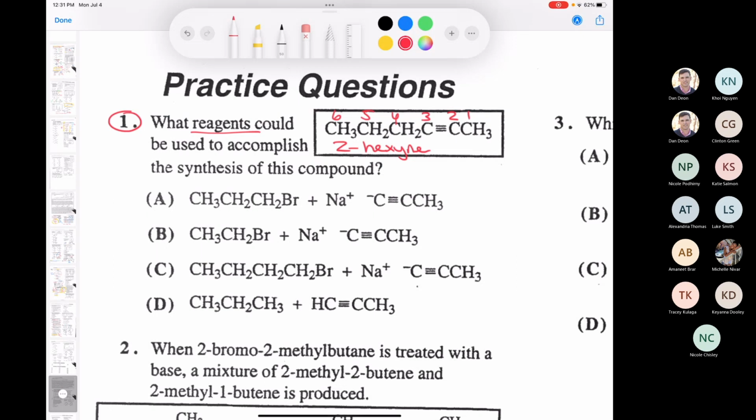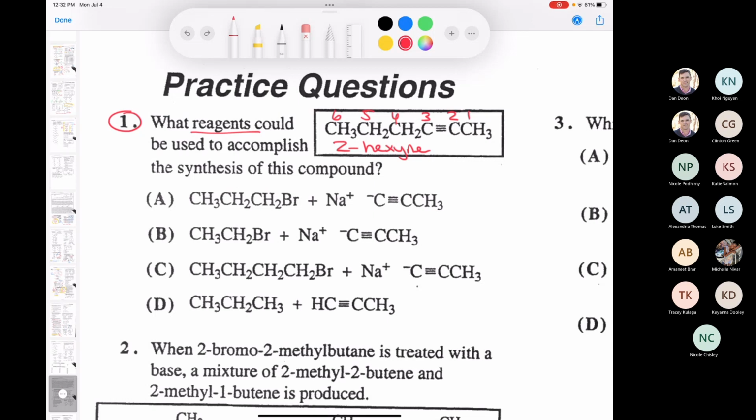Could anybody suggest, if you look at these answers, is there any that's a red flag to anybody? Does anybody look at any of these and just say, that's not right? That's impossible. Okay, so my students picked out D immediately.